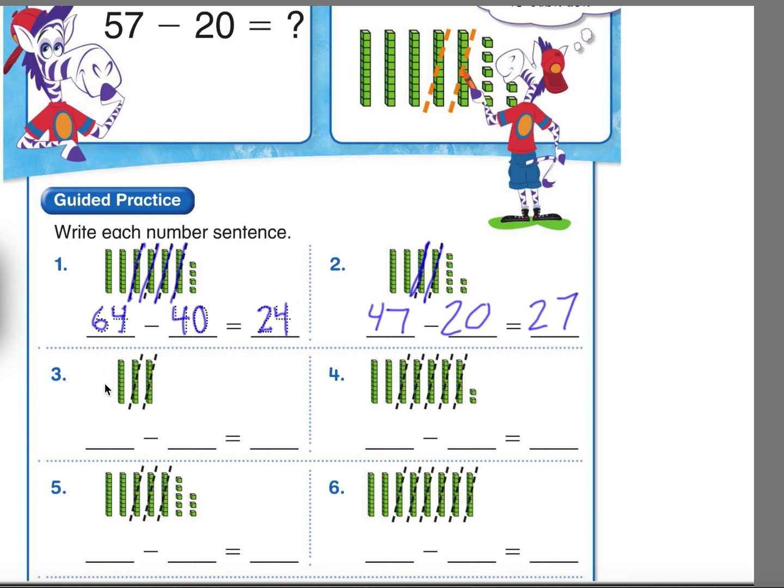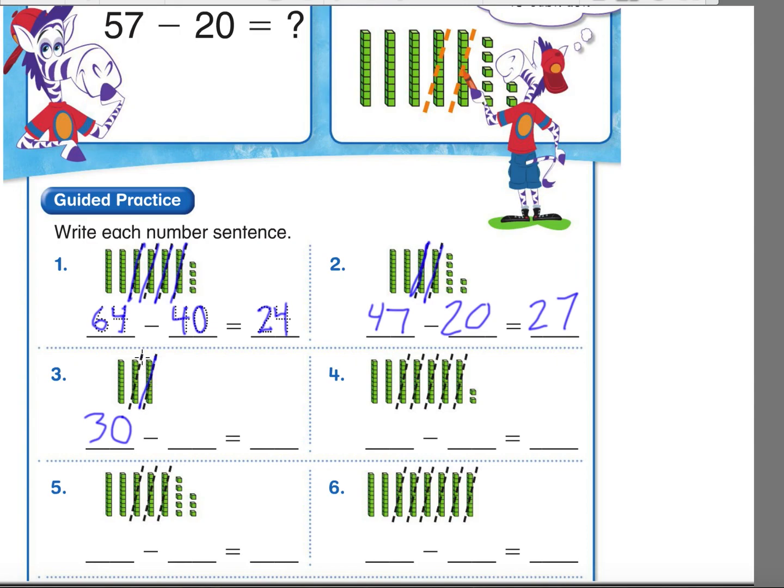Okay, so first we need to figure out the total. We have 10, 20, 30 is our total. Because before anything happened to these 2 10 rods here, we had 3 10 rods, and 3 10 rods makes 30. But now they want us to cross out 2. So we can do that.